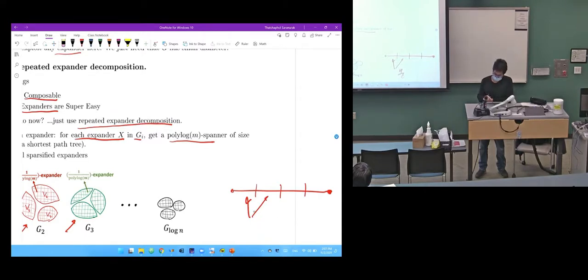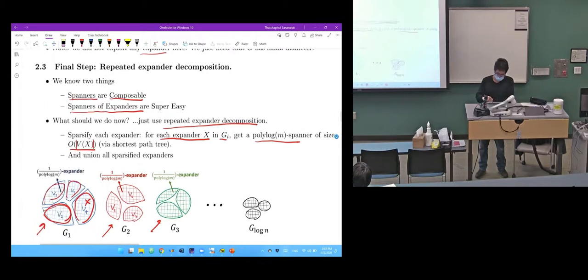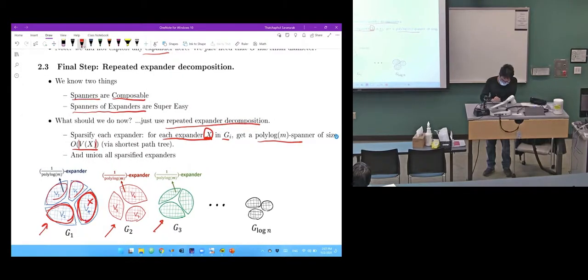So there can be a lot of parts. But note that each time we take an expander X, the size of the spanner inside X is just linear in X.